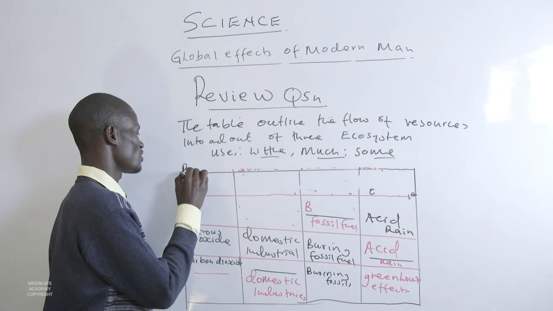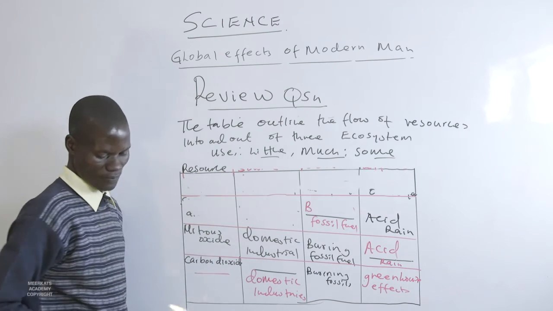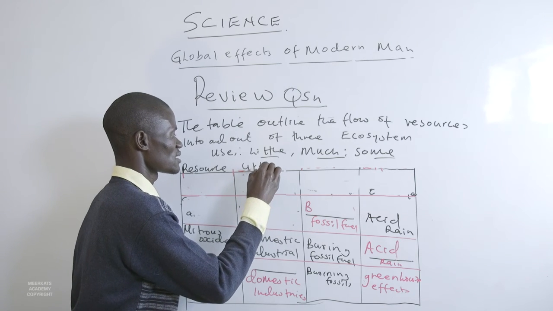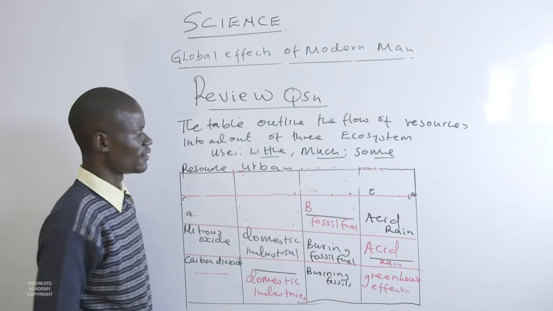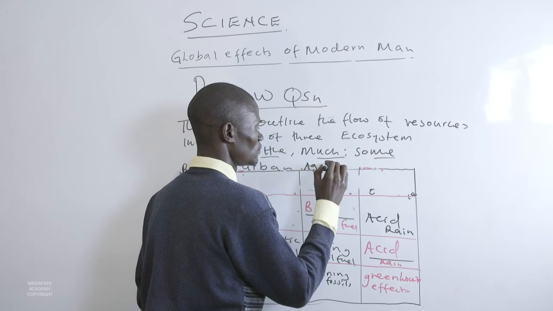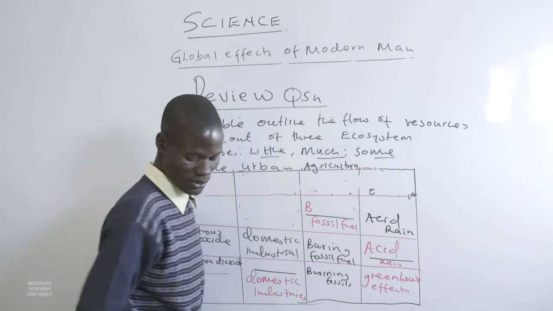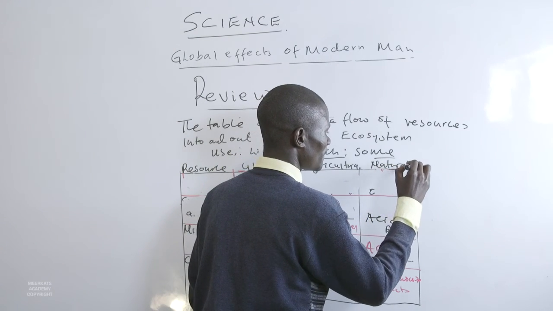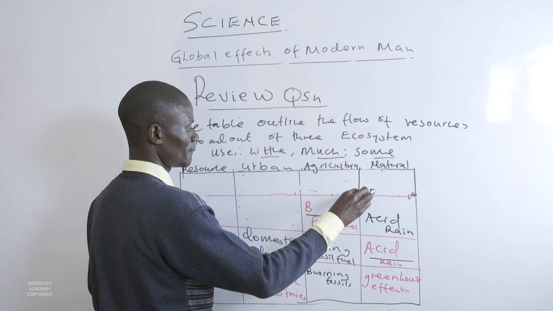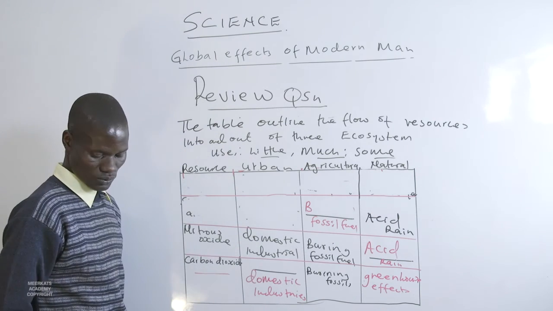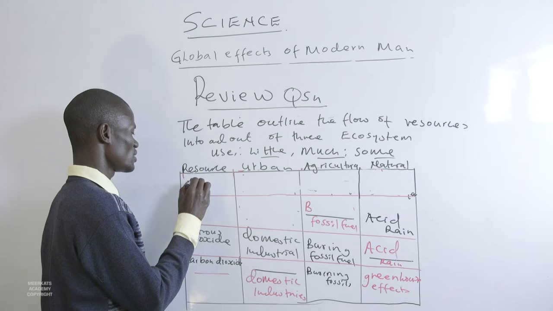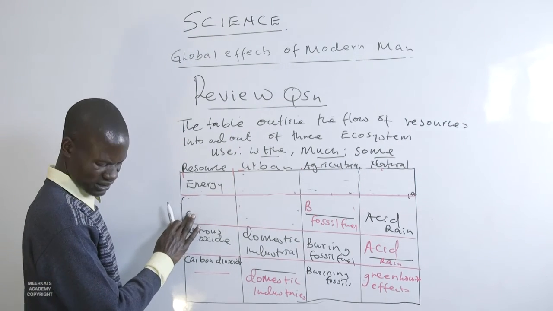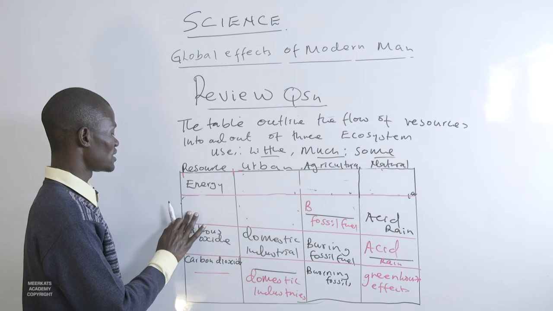Here we'll have to look at the resource. This resource is released in urban centers and from agricultural activity, and it is natural in this manner. What we are supposed to look at, for example, is energy.